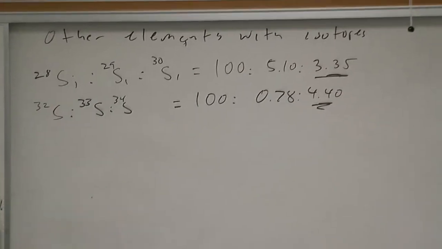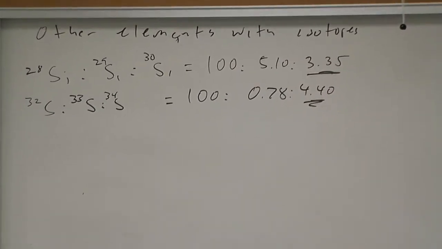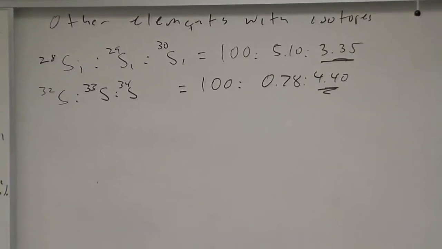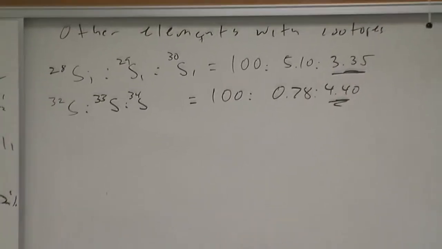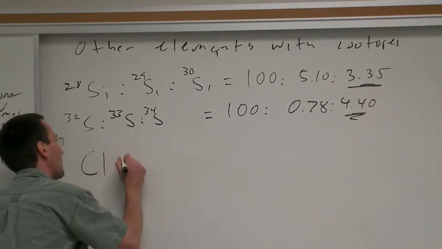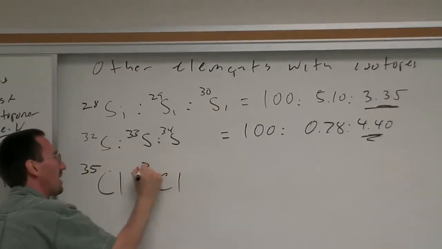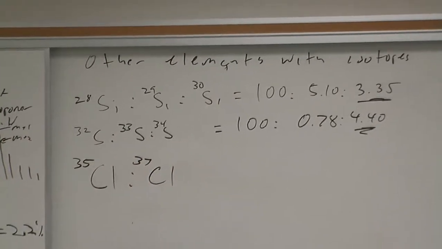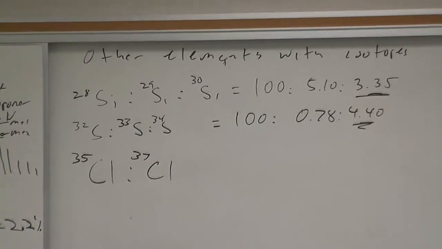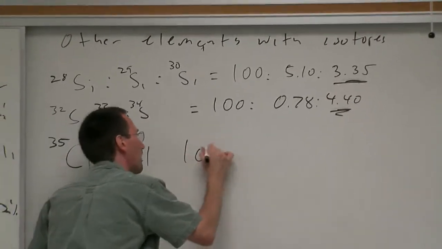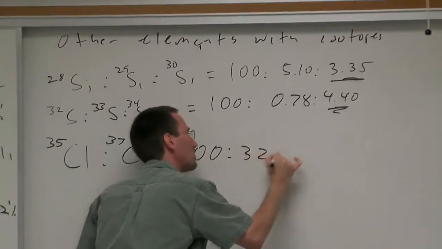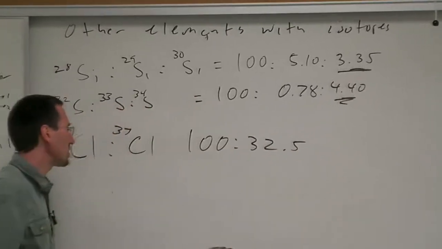And it will whisper in your ear, hey, there's something up here. Not all elements whisper. Some of them scream. Chlorine is one that screams. Chlorine consists of a mixture of chlorine 35 and chlorine 37 in a 100 to 32.5 ratio.